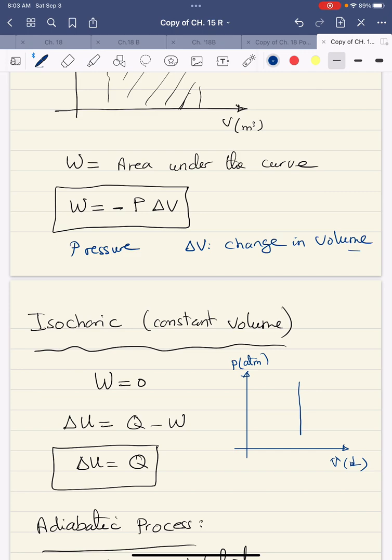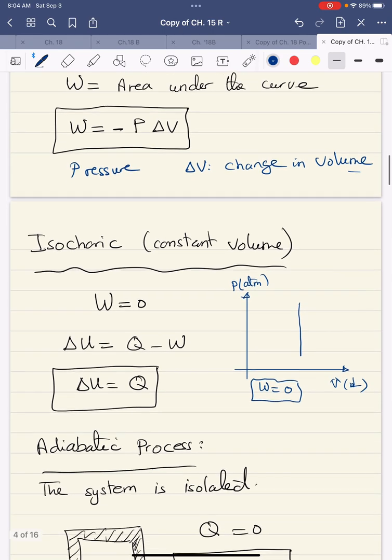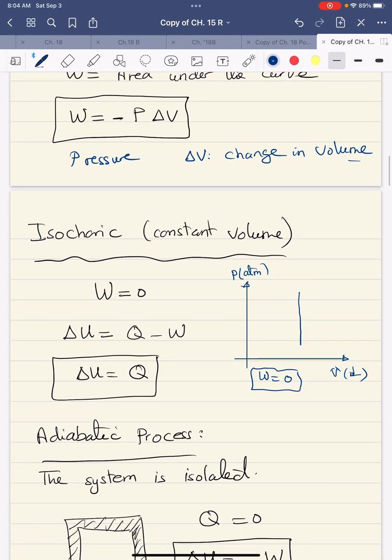Now, what's the area under the curve here? Of course, it is 0. There is no area under the curve because it's a vertical line. And therefore, in delta U equals Q minus W, if W is now 0, then the change in the internal energy will equal Q.